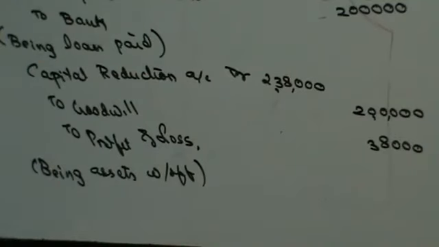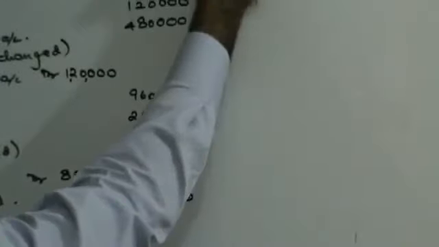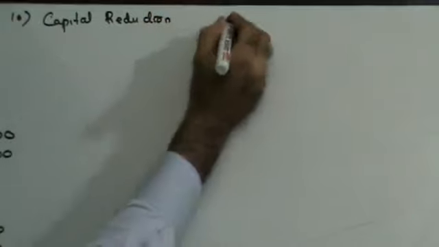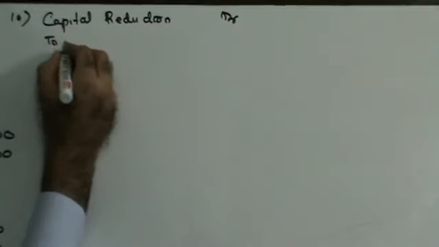Last entry. Cost of reconstruction 5,000 was paid. Money is going out. I do not have the word cost of reconstruction in the balance sheet, so I cannot use it in the journal. Right? So in that case, this is going to be capital reduction account debit to bank.